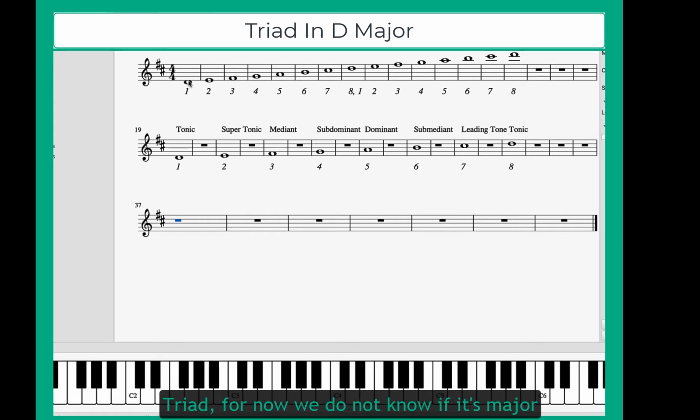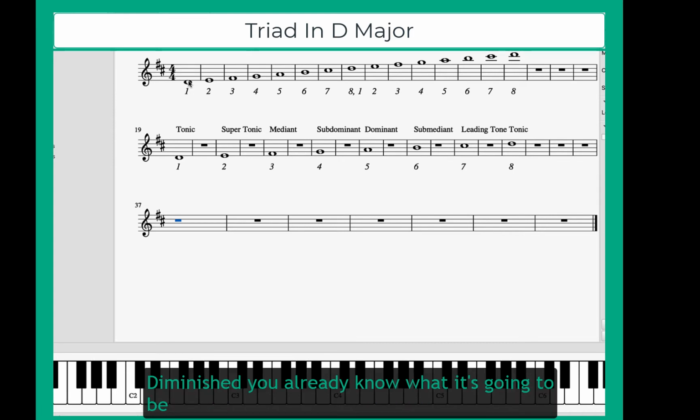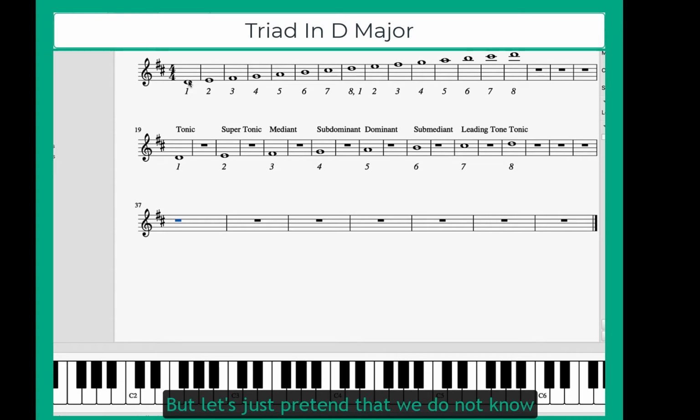For now, we do not know if it's major or minor. But since I told you all of the 1, 4, and 5 in major scales are major, all of the 2, 3, and 6 are minor, and the 7 is diminished, you already know what it's going to be. But let's just pretend that we do not know.